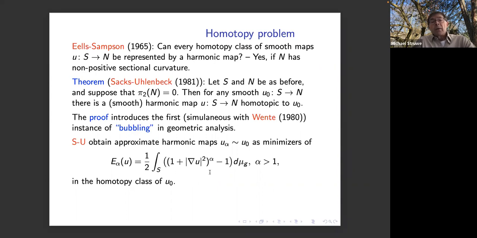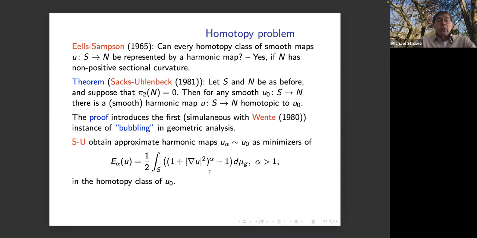And because of the Sobolev embedding from W^{1,2alpha} into C^0, in this space, for any alpha strictly larger than 1, homotopy classes are well defined.